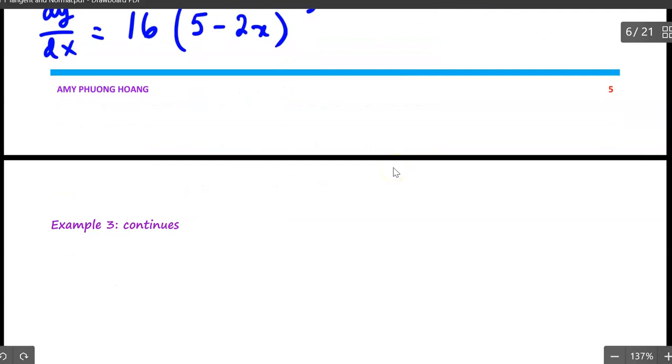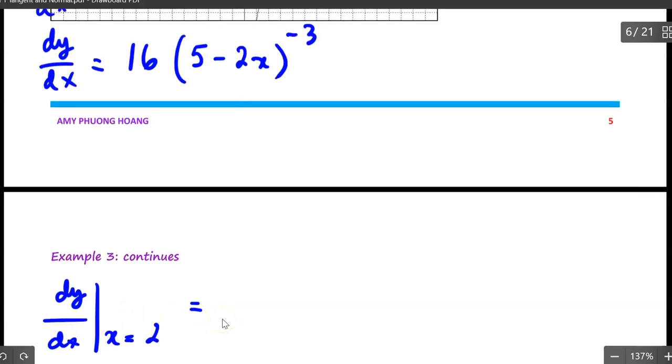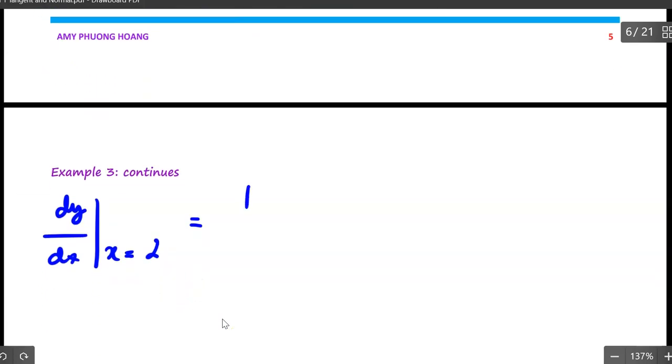Here's the notation that I emphasize to everyone: dy over dx at x equal to 2. This is how I evaluate this at x equal to 2. At the same time, I would like to write my equation as 16 over (5 minus 2x) all raised to exponent 3.